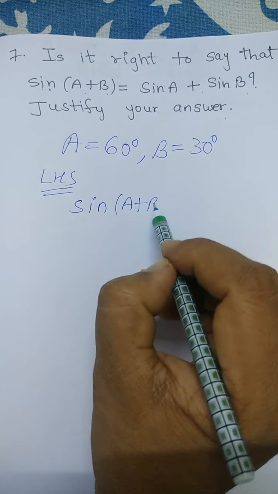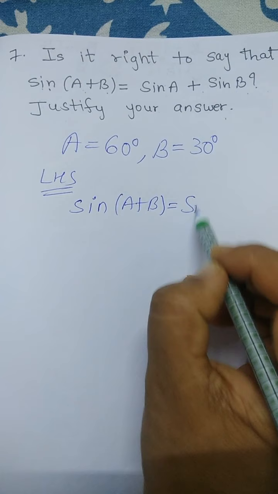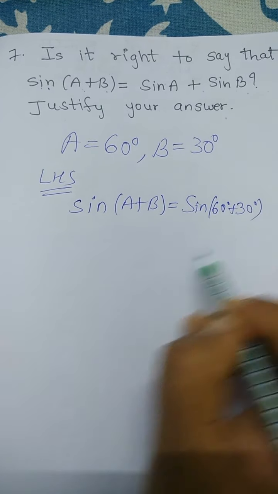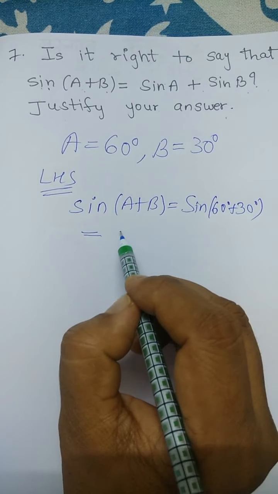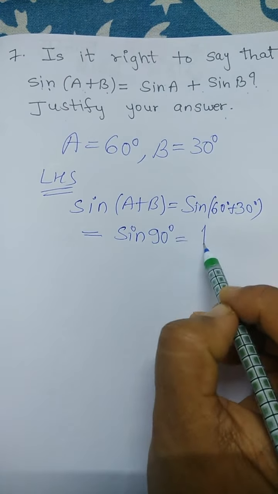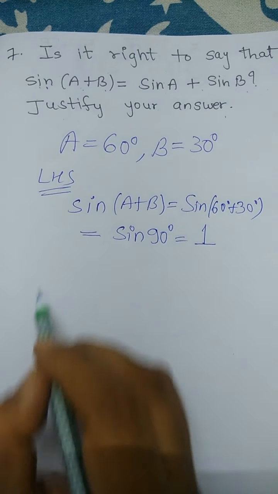Sin(A+B) means sin(60 degrees + 30 degrees), which means sin 90 degrees. Sin 90 degrees is 1. Okay.